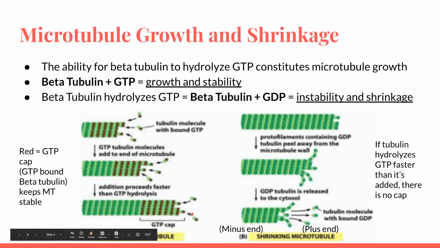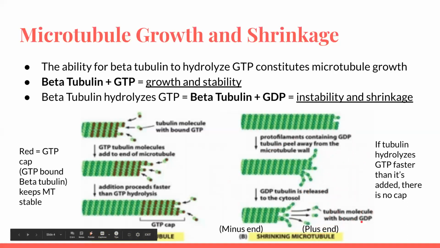And then on the other end, the shrinking microtubule is what happens when beta tubulin hydrolyzes GTP, because the beta tubulin has GTPase activity. Basically, they peel away from the microtubule wall when tubulin is bound to GDP. And then GDP beta tubulin is released into the cytosol.